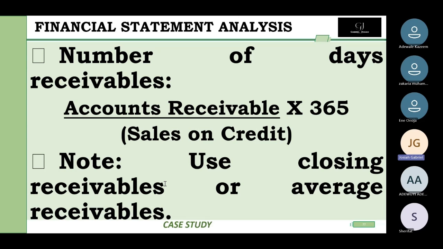Now, somebody has asked me, what's the difference between account receivables and credit sales? And I believe we want to know the difference. Does anybody know the difference? Accounts receivable shows up in your current assets, and credit sales is part of your revenue figure.